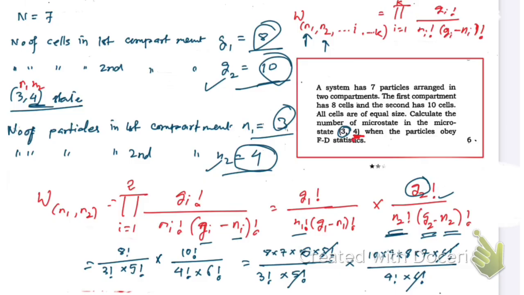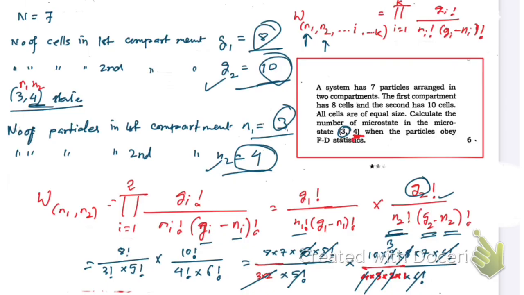Now 3 factorial is 3 into 2 into 1, and 4 factorial is 4 into 3 into 2 into 1, right? So here the 6 is cancelled by 3 into 2, similarly the 4 cancels the 8, and then 3 cancels 9 giving 3, right?